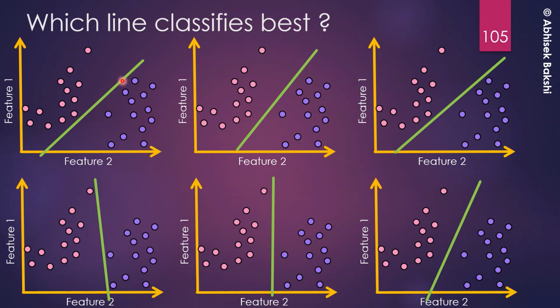That means for a huge distance between points and the line, I can say that the point is in a particular class with much higher probability, and for a very small distance between the point and the line, we can say the point is in a particular class with very low probability.